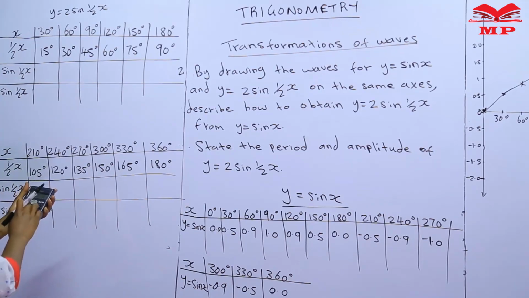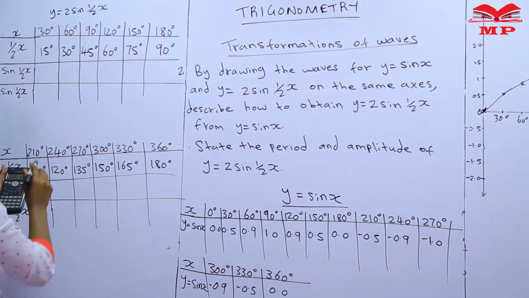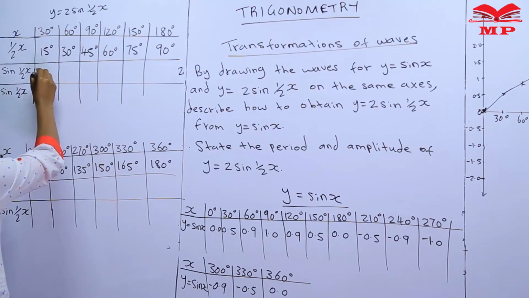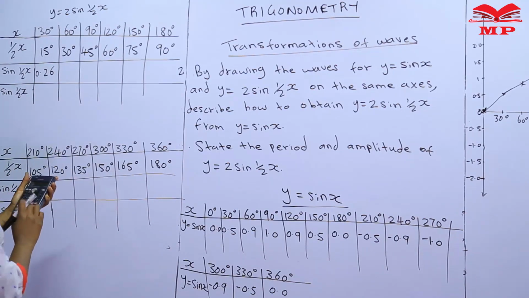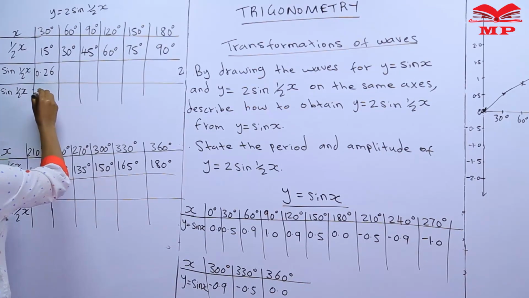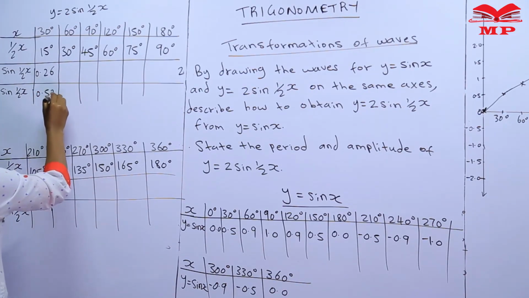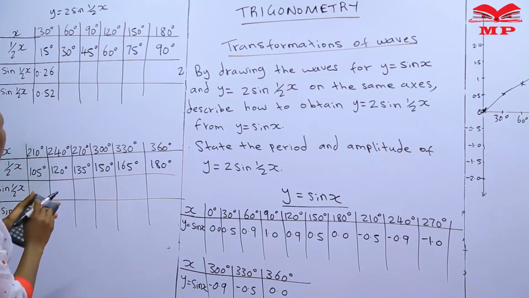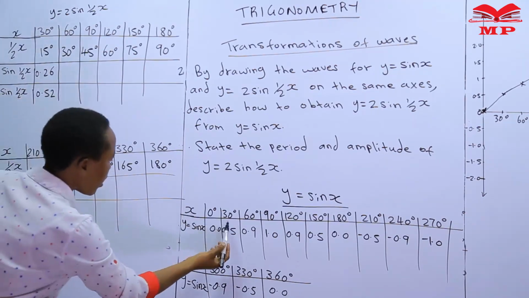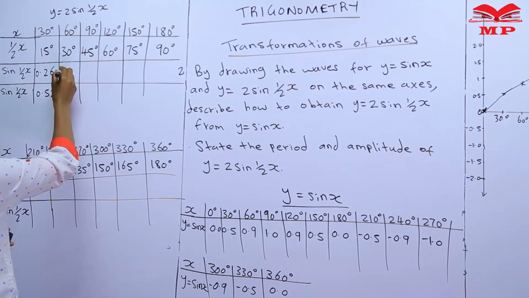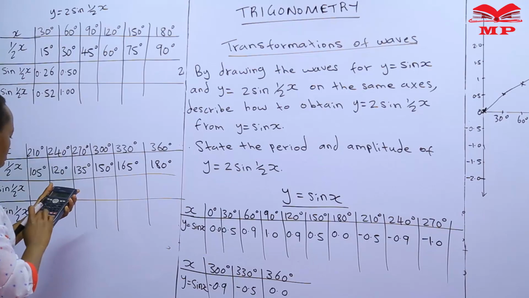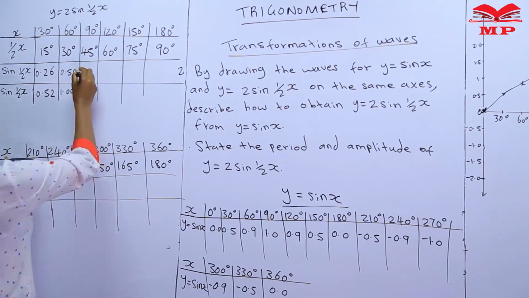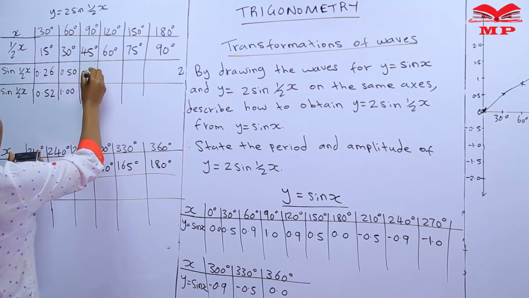We have the first one, sine 15, which is 0.26. Then we multiply it by 2, which is now 0.52. Then we move on to sine 30, which is 0.5. We multiply by 2 and get 1.0. Then sine 45 is 0.71.